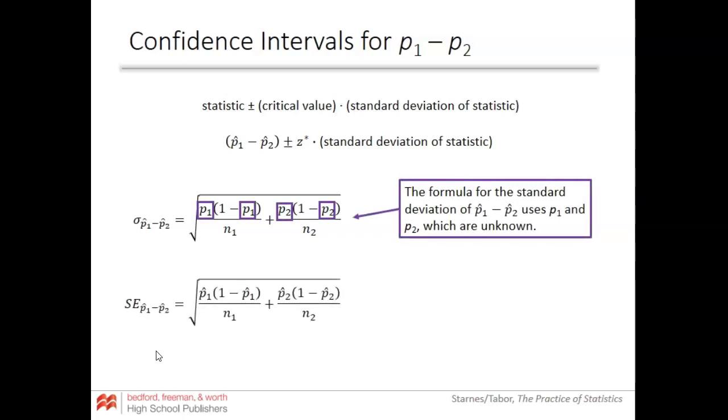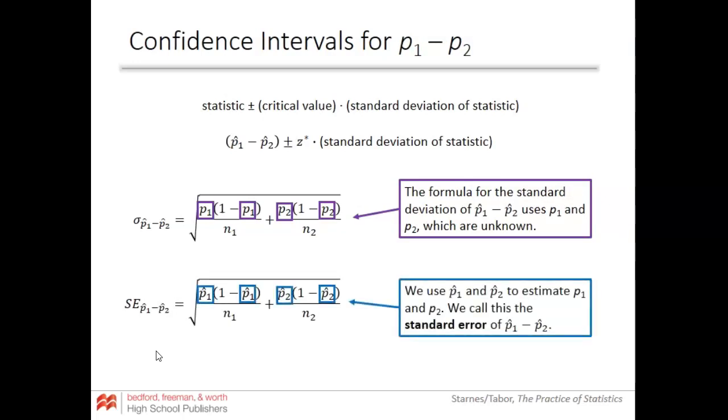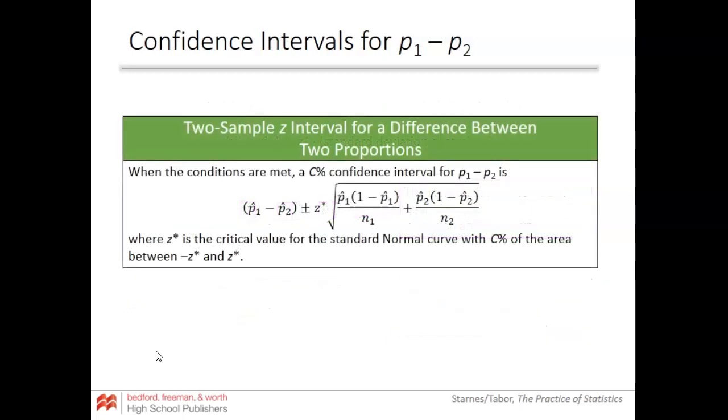So instead, we're going to use p hat for both of them. We're going to use the samples, and therefore we call it the standard error. The only difference is that you're using the sample percentage instead of the true population value, and we don't know that, so that's why we have to use it.